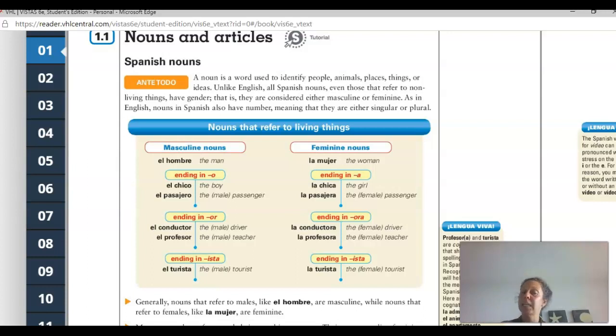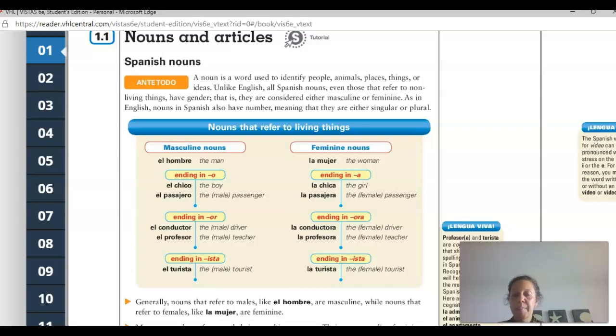When we see an item that is ending with O, usually it's masculine. There are some exceptions. So we are going to start paying attention to the exceptions too, because the general rule says femenino A, masculino O, but then the exceptions, okay?